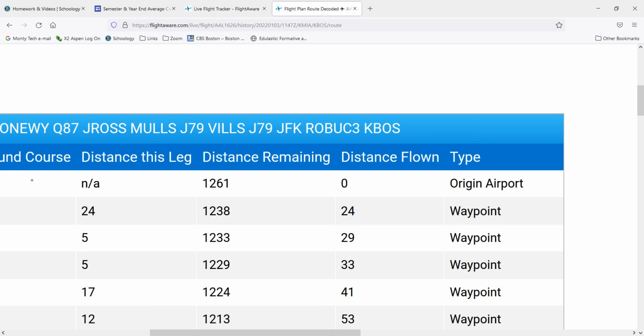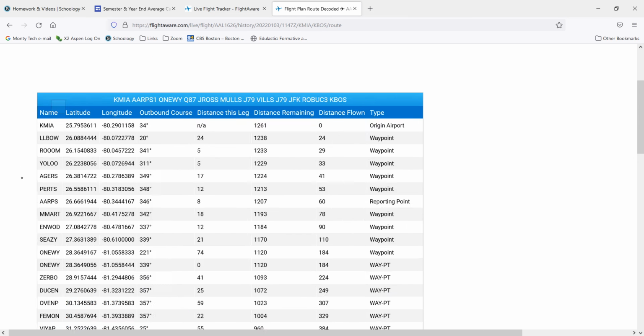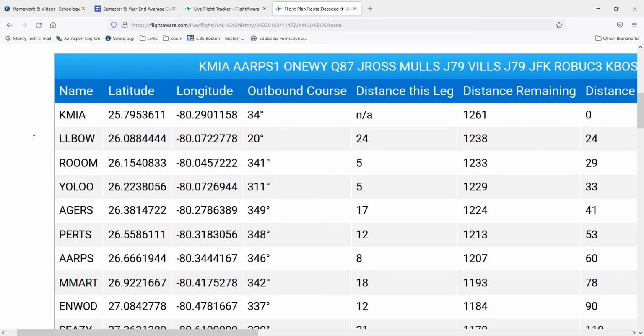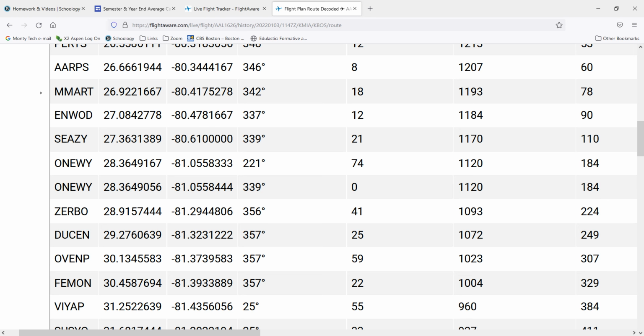So the thing that's more complicated about the airplane is the direction is always changing. So maybe it's going one way a little bit, and then it turns a little, and then it turns again. So each one of these represents a turn that the plane made. Okay? And if you were to fly 360 degrees, that is north.